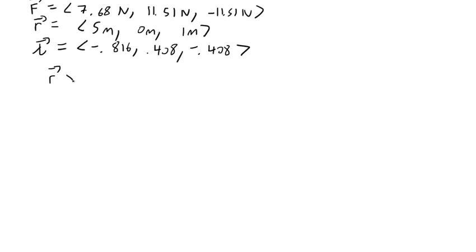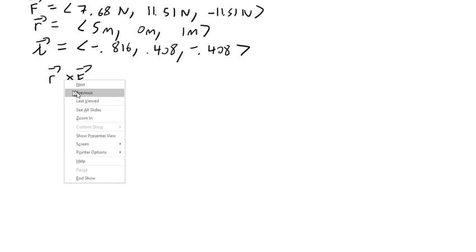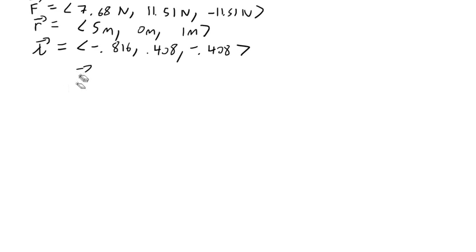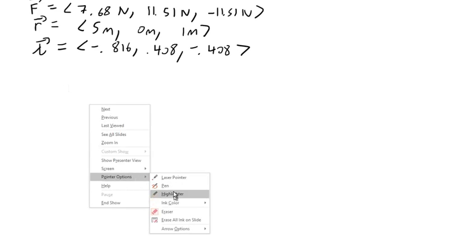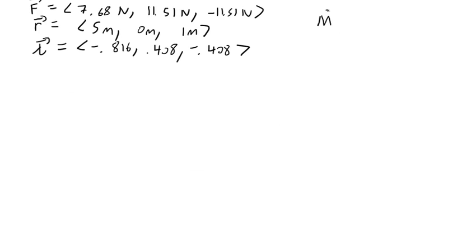Let me show you the whole formula here so you'll see what I'm doing. The formula I'm going to apply again is M is equal to lambda dot R cross F, like so. First, let's get R cross F. We know how to do cross product, so I'm going to be a little lazy and just throw this into my calculator. Matrix, vector ops, cross product.